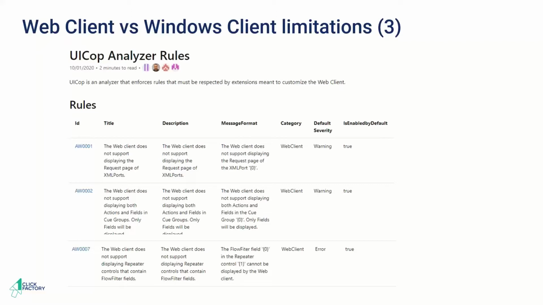They should be fixed, but they let you use the application even if those warnings exist. And those warnings are not all limitations between the web client and Windows client, and still you need to do some jobs manually, and UICop only solves major issues.